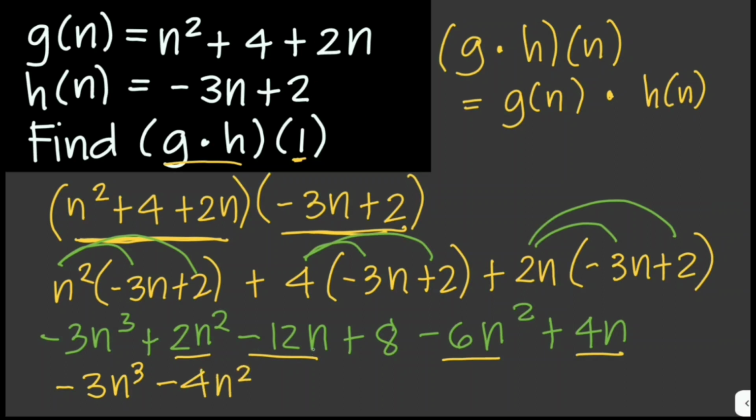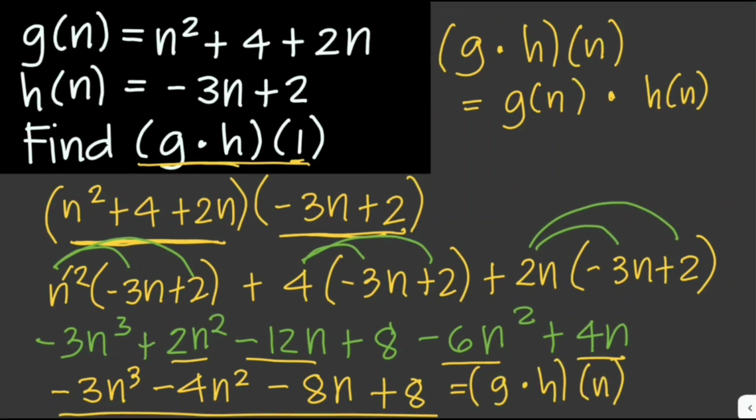Then negative 12n plus 4n is just negative 8n plus 8. Therefore, the value of g times h of n is just negative 3n cubed minus 4n squared minus 8n plus 8. Now we need to solve for g times h of 1.